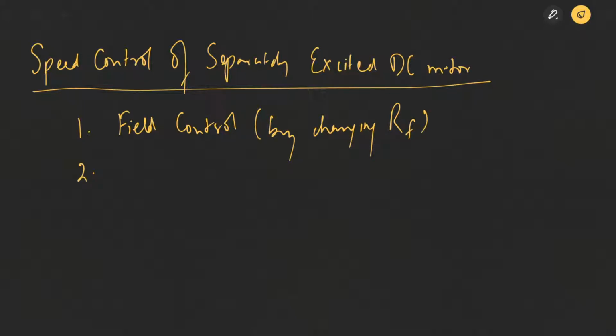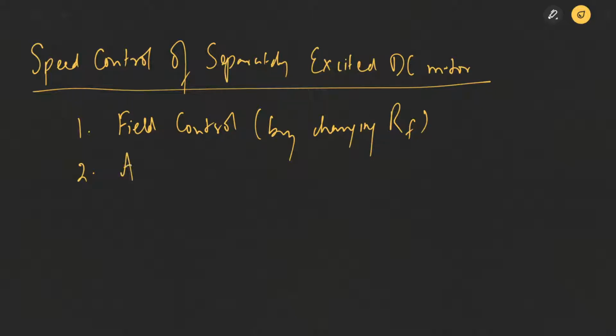You increase the value of RF, IF decreases. IF decrease means the flux decreases, that decreases the induced voltage, that increases the armature current, that increases the induced torque, that will cause the speed of the motor to increase.